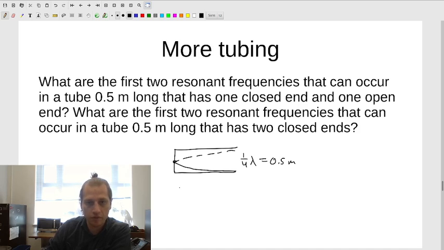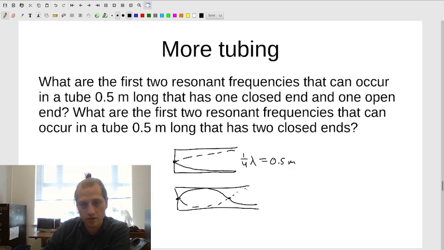So you could solve for that wavelength. And then for the next one, you'd be adding one more node in, and so this would also be a node, so this is 3/4 of a wavelength. It would be 0.5 meters.